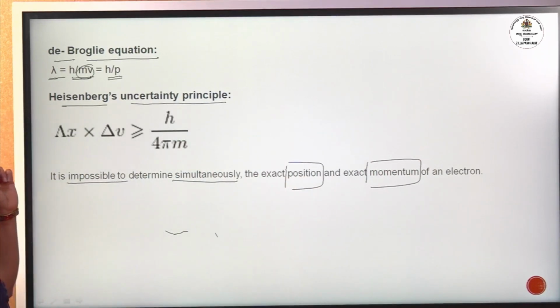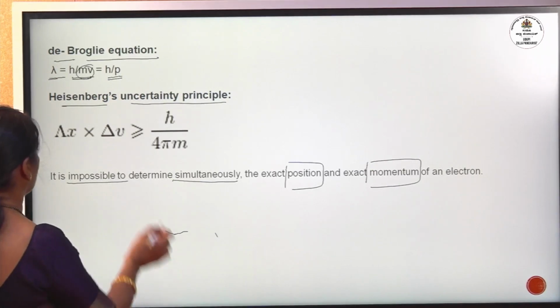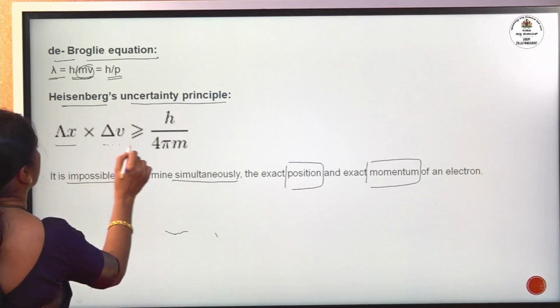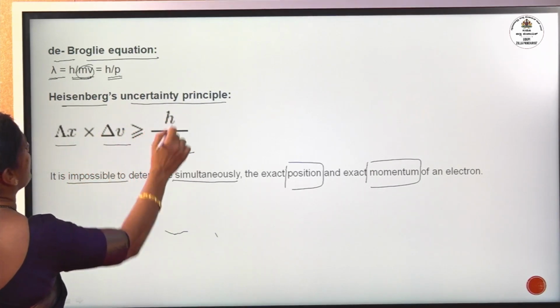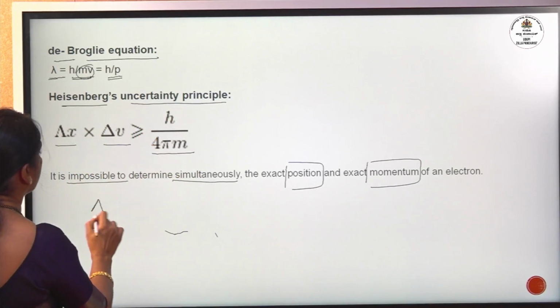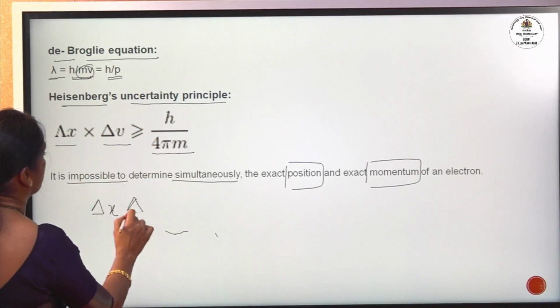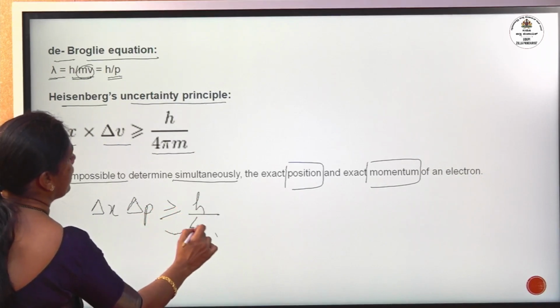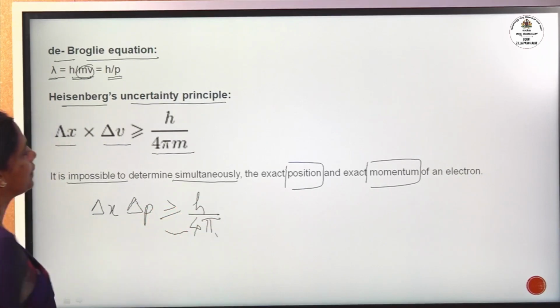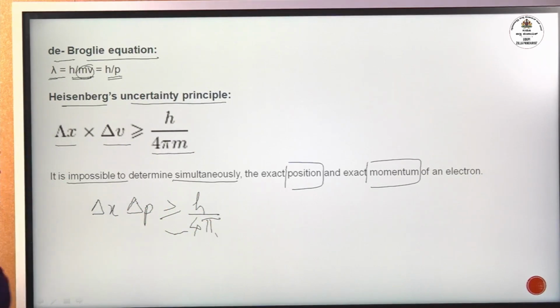So simultaneously we cannot find out the position and momentum of an electron. Mathematically it can be written like this: delta x into delta v is greater than or equal to h by 4 pi m, or you can write it as delta x into delta p is greater than or equal to h by 4 pi.